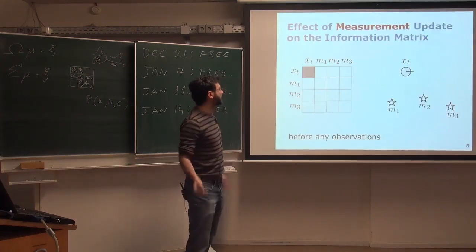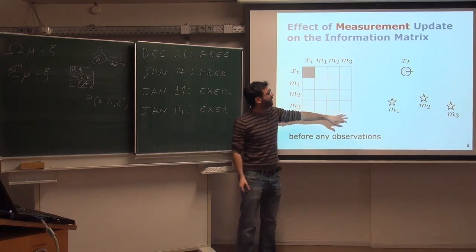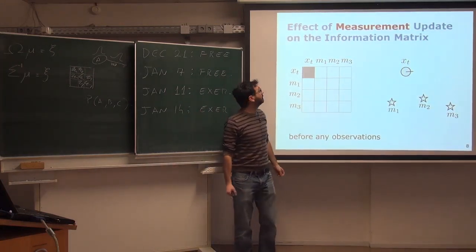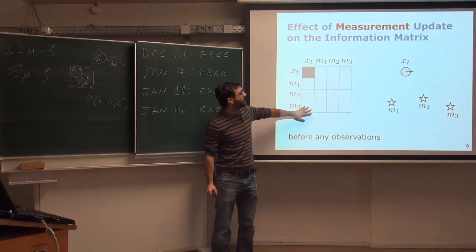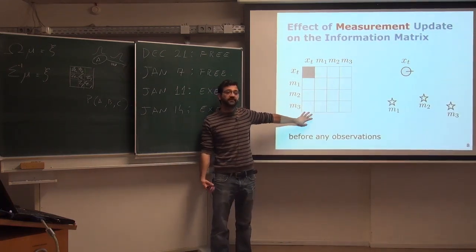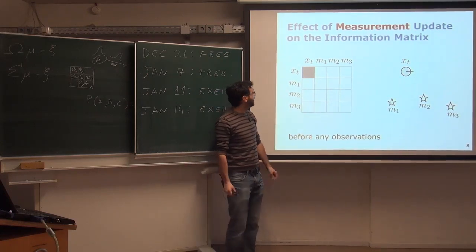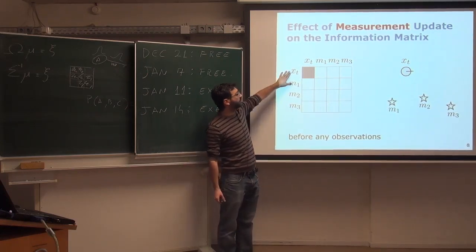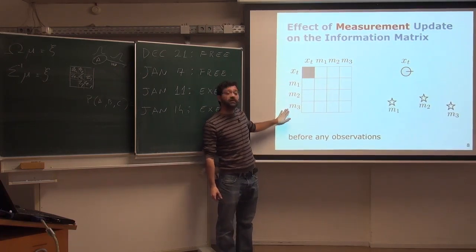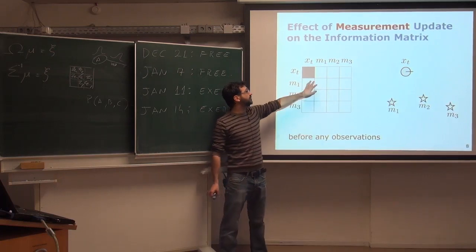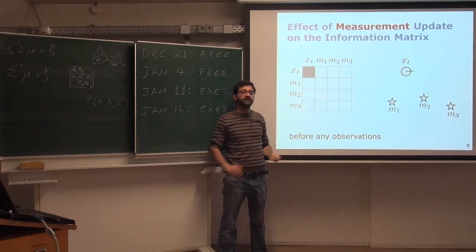So what happens during the update of the filter to the information matrix? Let's first see how a measurement update affects it, because that's actually the easiest step for an information filter. Let's have this simple example. I have the robot pose here, and I have 3 landmarks, M1, M2, M3. Here is just the initialization, so nothing happened so far.